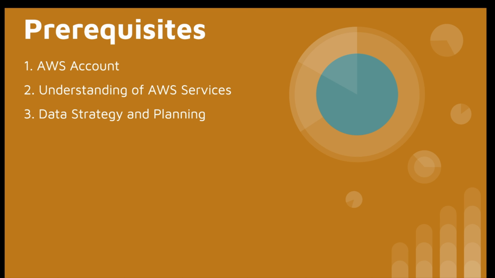The next thing you want to understand under data strategy and planning is the data volume and growth. This is going to help you understand the right type of node to choose and the number of nodes. If you are expecting data growth that is very high, or the rate at which you get your data is very fast or very slow, that would really inform your decision of choosing the right node type and also the number of nodes that you need to include in your Redshift data warehouse.